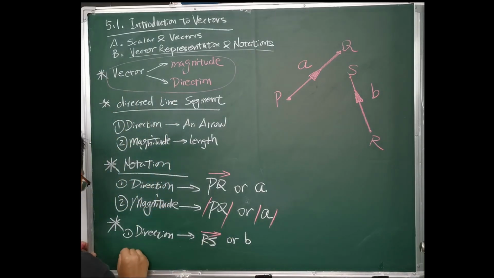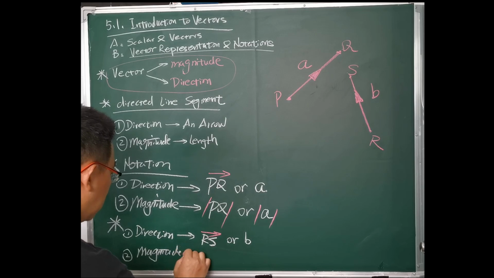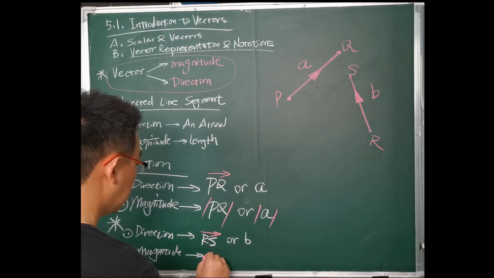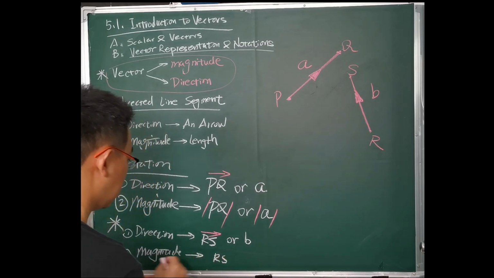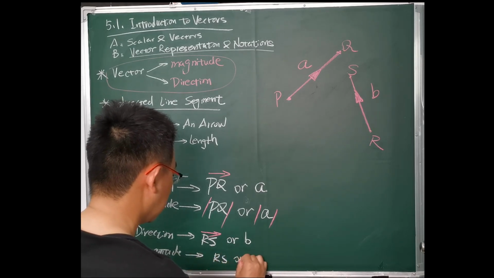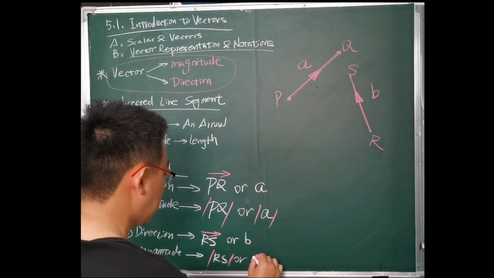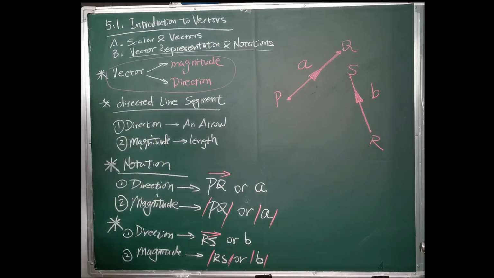And then the second one is magnitude. We write it this way, the B, with two lines drawn around it.